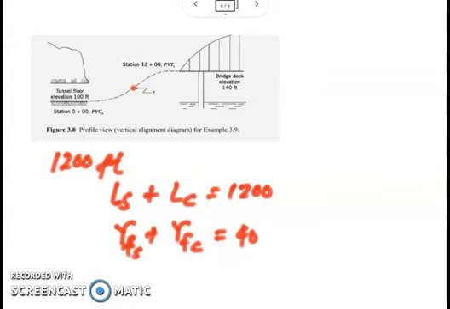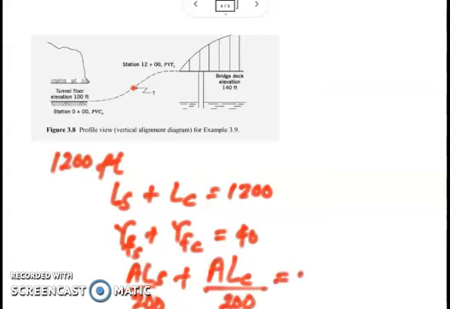So therefore, for our final offset, the equation is AL all over 200. This one is for the sag vertical curve, plus A L sub C for the crest vertical curve over 200, equal to 40. So therefore, we can rearrange this one.